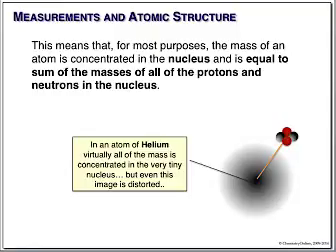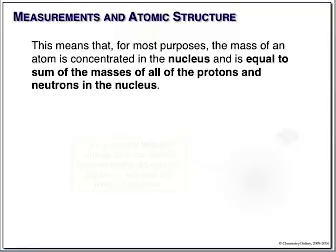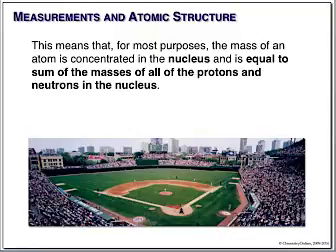Now in this image, I have made the nucleus 1 pixel. That's as small as I can go. That's even distorted. This is probably a better representation. This is Wrigley Field. And if you look very, very hard, right there on the infield, there's a golf ball. In case you can't see it, there it is.